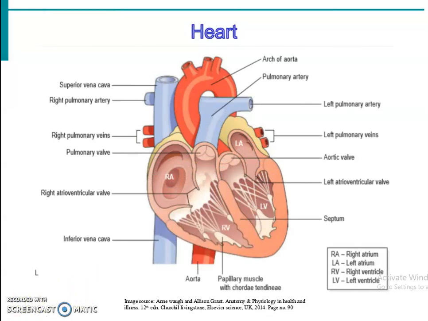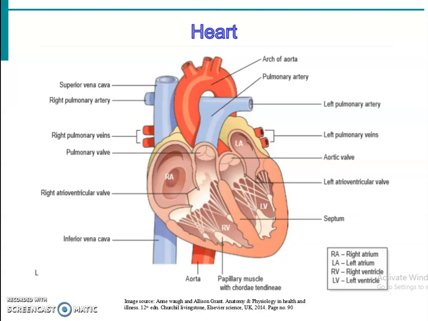So let us discuss the structure of the heart. The heart is a hollow muscular organ. The upper part of the heart is called the base, and this is the apex of the heart. The septum divides the left and right parts of the heart.